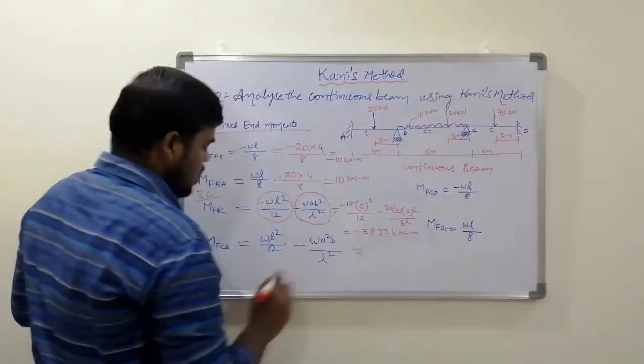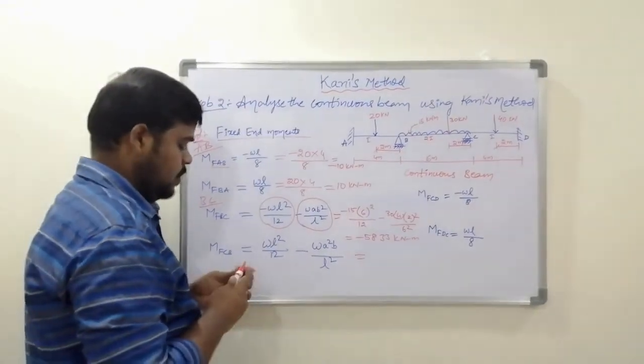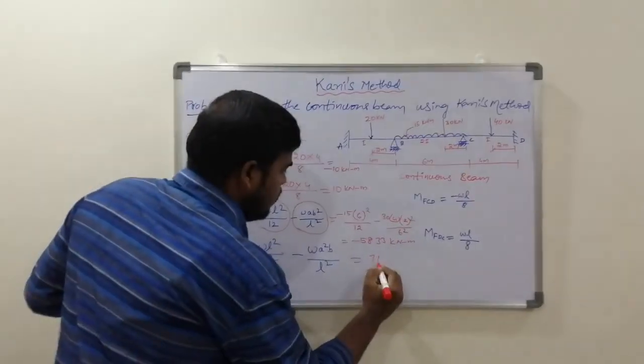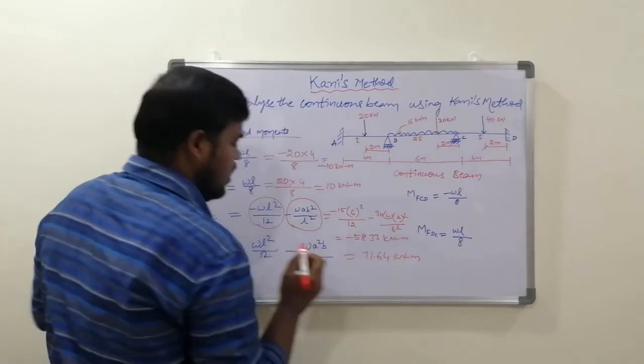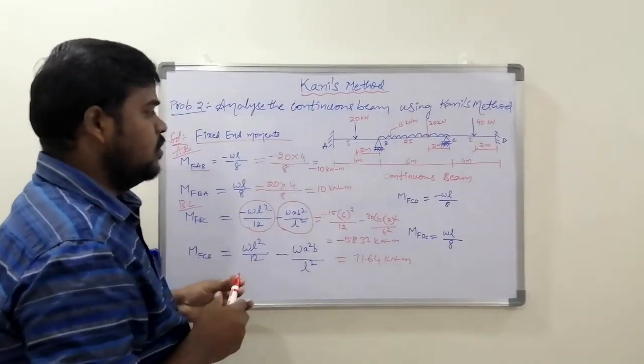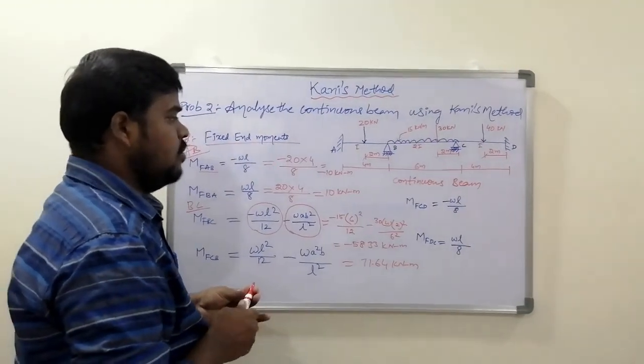In the same manner, if you also solve MFCB, the answer will be 71.64 kilonewton meter. In the same manner for MFCD, what is W of MFCD?